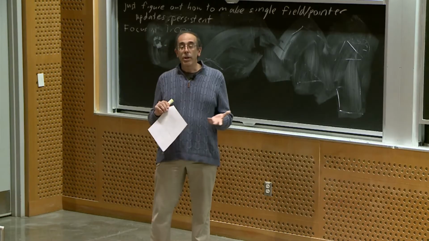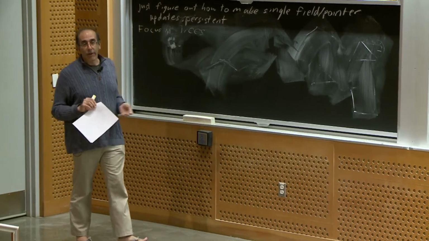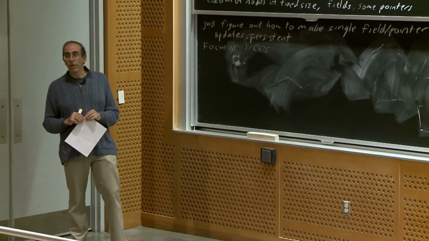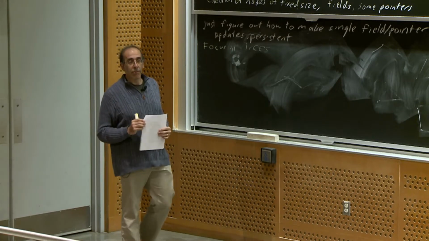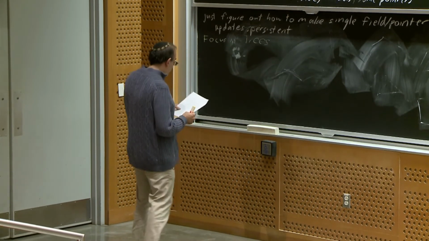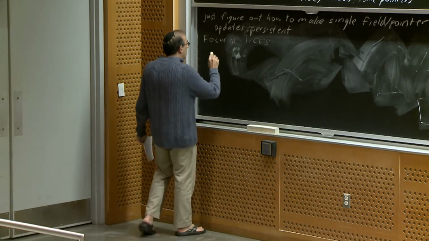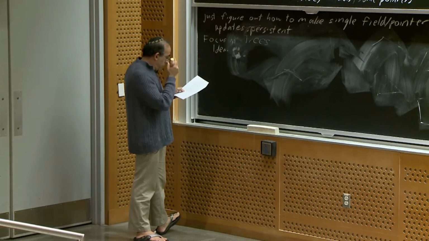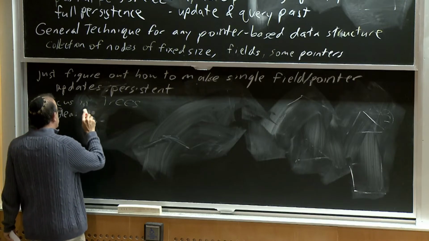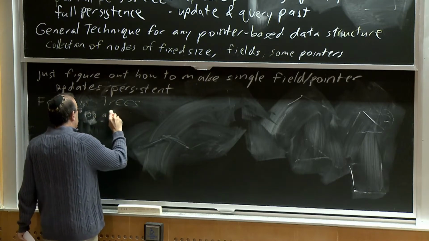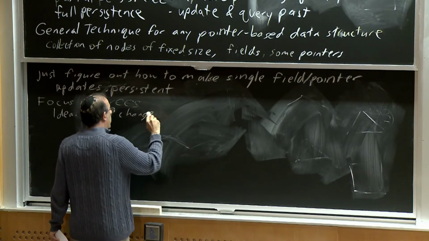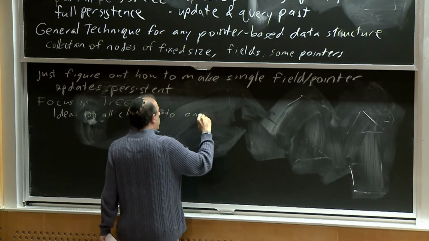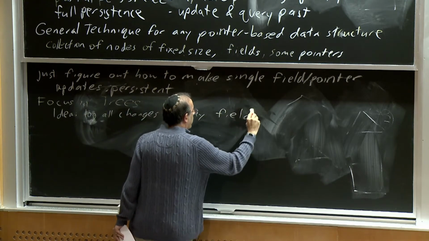Great. So the obvious thing to do, obvious now with all the version control that we do, is to keep some sort of log of changes. So one idea is to log all changes to any field.